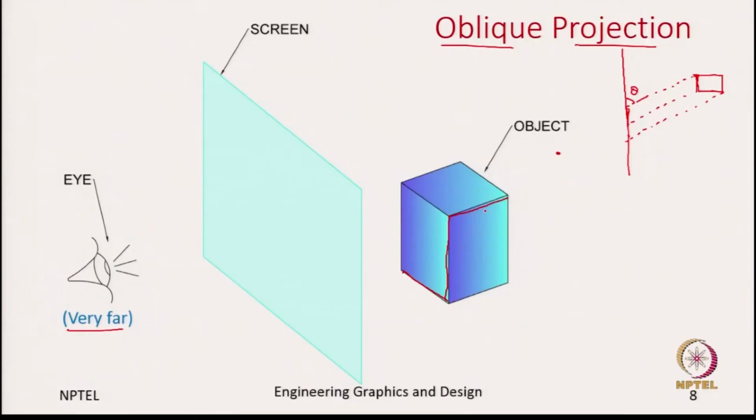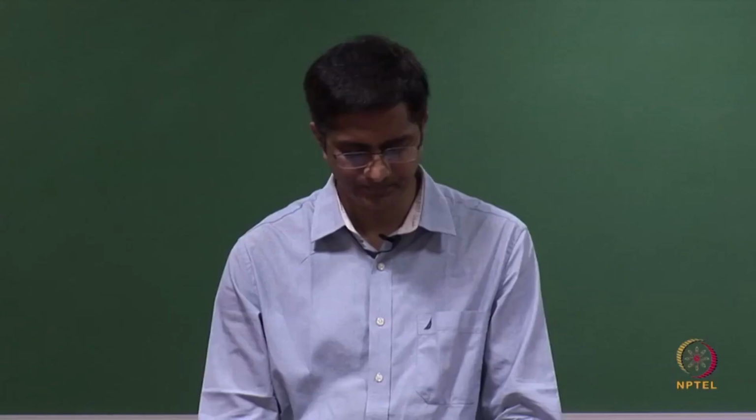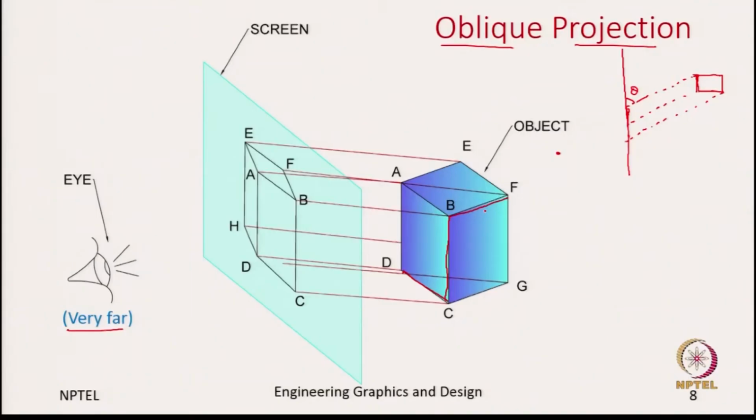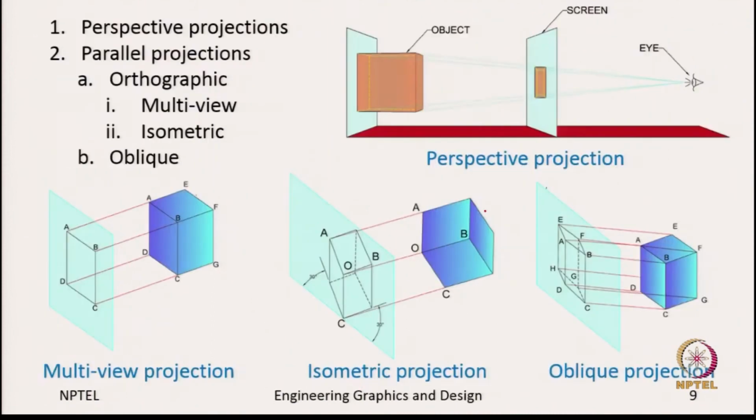Okay. So, now we have looked at the 4 different kinds of projections which are most commonly used in engineering practices. Now, let us try to summarize. This is how the object looks on the projected plane. So, how is perspective projection different from the other 3?